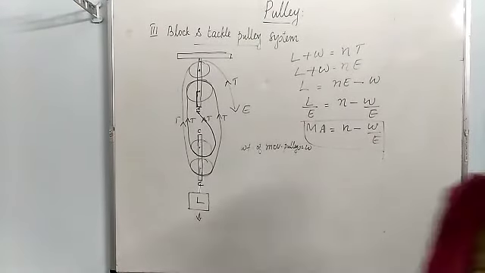MA is n minus W by E upon VR is n. So the answer is 1 minus W by nE. This is the formula for actual efficiency. Okay, ideal condition efficiency will be 1 or 100%. Actual working condition efficiency will be 1 minus W by nE.